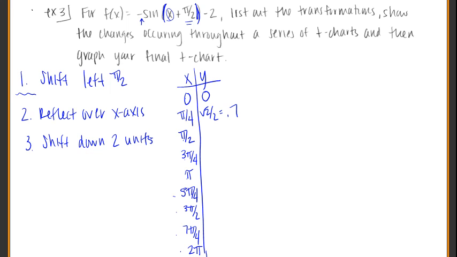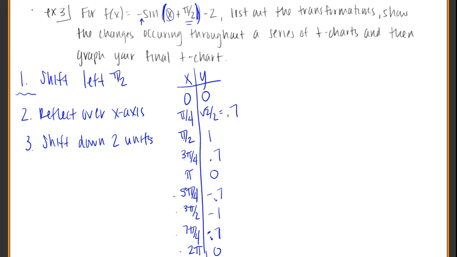The y value at pi over 2 is 1. The y value at 3 pi over 4 is positive, so it's 0.7 because we're up in quadrant 2. At pi we're at 0. At 5 pi over 4 we're negative 0.7, then negative 1, and negative 0.7, and 0. Okay, so y'all make sure you get comfortable with that.